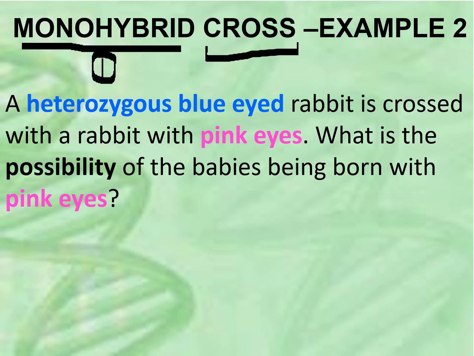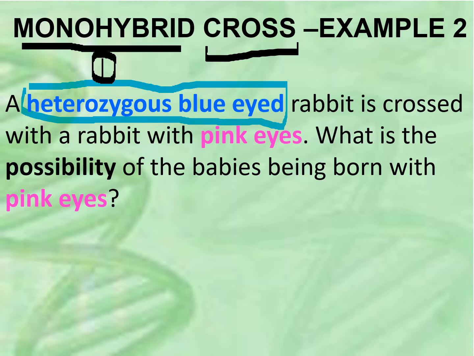Let's isolate the first part, a heterozygous blue-eyed rabbit. We are looking at the trait of eye color, which can either be blue or pink. So let us choose the letter E to represent eye color in this instance. This rabbit is heterozygous, so it must be capital E and lowercase e.